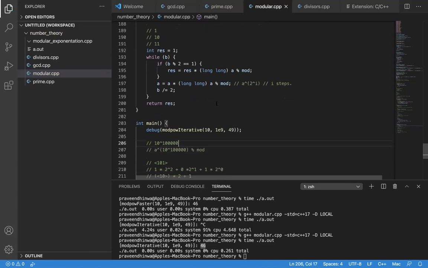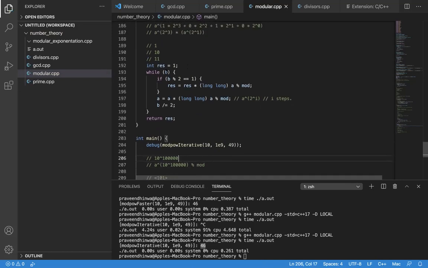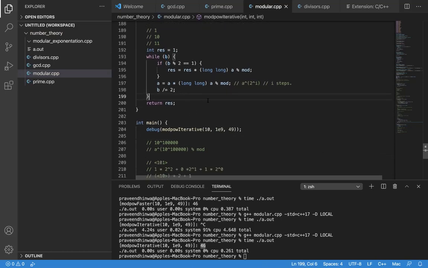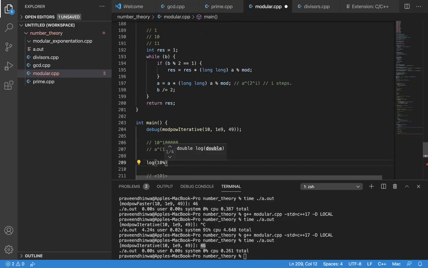So if you use this algorithm, how many iterations will it take? Log of b. Yeah, so what will be log of b? In this case b is like 10 power 10,000. So it will be this, and this number is not that large actually.